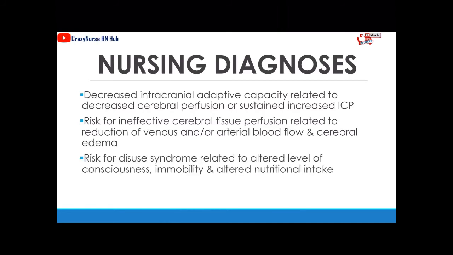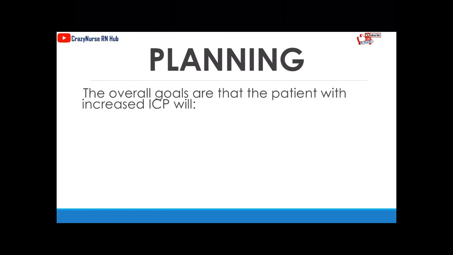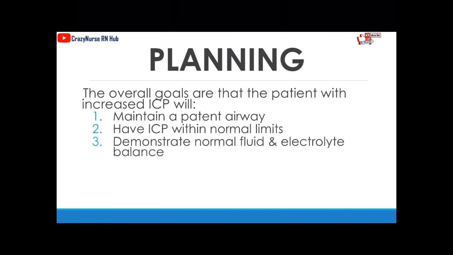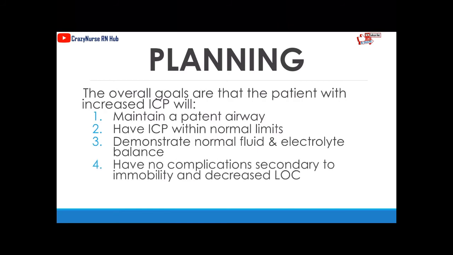We also have risk for disuse syndrome related to altered level of consciousness, immobility, and altered nutritional intake. For the planning, we have here the overall goals are that the patient with increased ICP will maintain a patent airway, have ICP within normal limits, demonstrate normal fluid and electrolyte balance, and have no complications secondary to immobility and decreased level of consciousness.